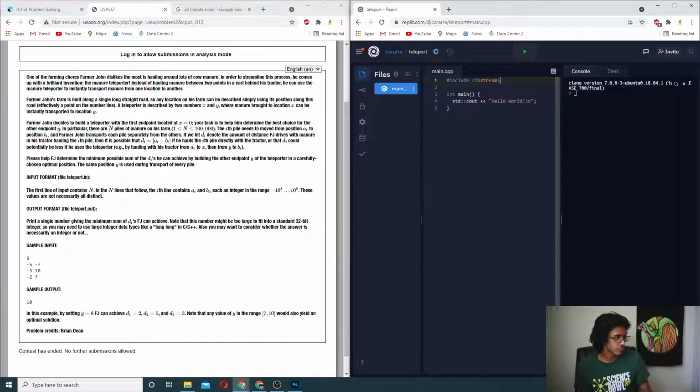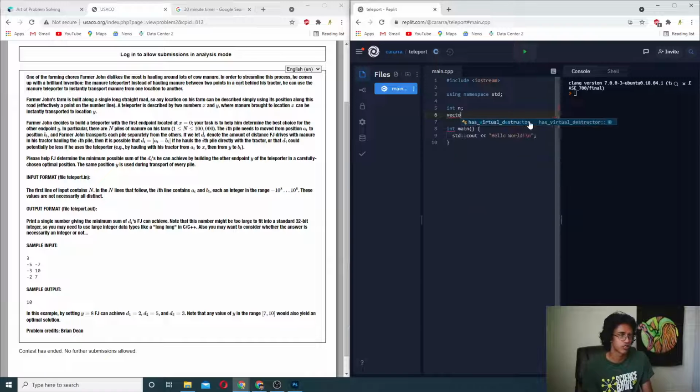All right. So essentially we've got our using namespace, we've got our int n, and do we even need it? I don't think we even need it. So RC 100, oh, let's just do a vector actually. Vector int RC, and vector int LC. I don't know why I put the C, but whatever, it looks cool.